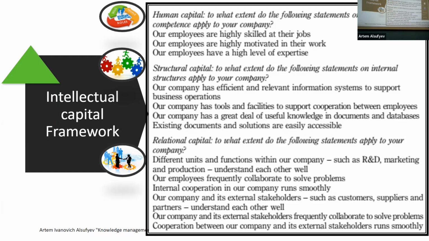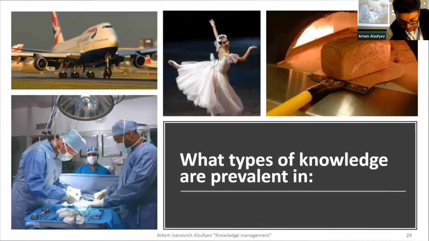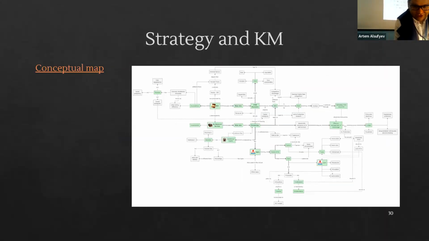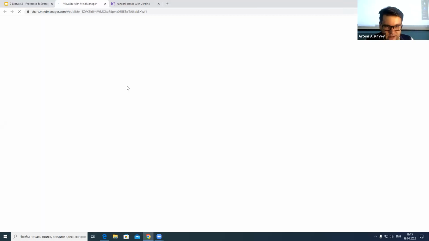And in intellectual capital elements, there are going to be different core elements that we need to focus on. Okay, strategy and knowledge management. I discussed a lot about strategy. I will share the slides with you, but in general I just wanted to pay your attention here.